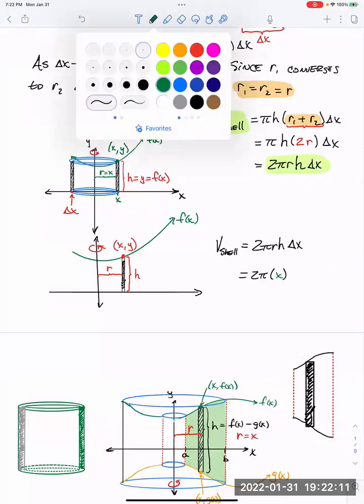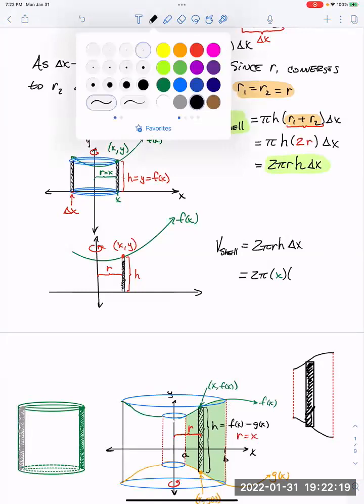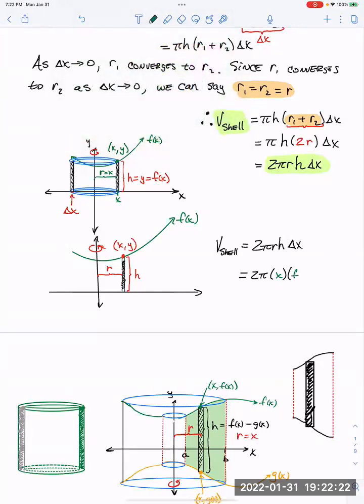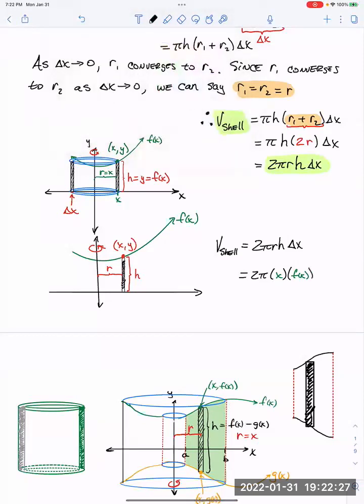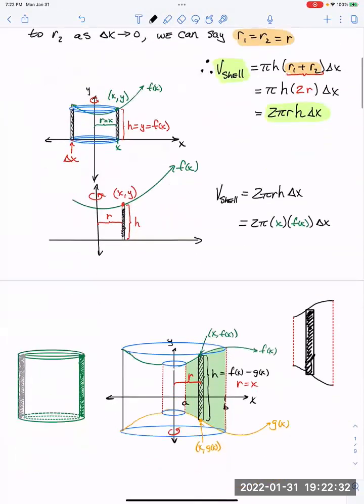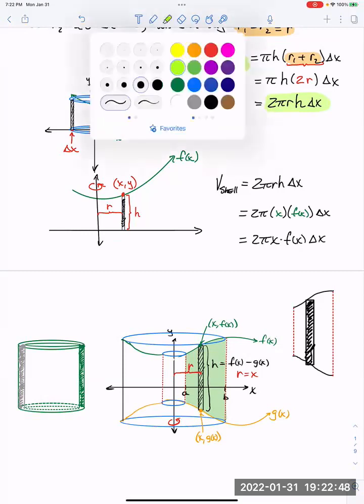And then what's our height here? y, which is also f of x. So I'll put f of x in there, and then we have delta x there. So basically our formula would be 2 pi x times f of x delta x, and that would be the volume of our arbitrary shell.